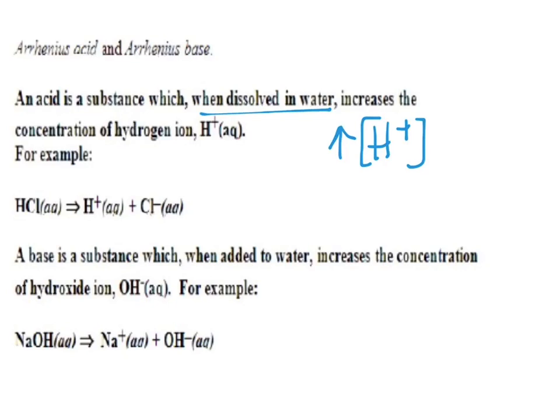So if we have HCl and we put it into water, it'll break up into H plus and Cl minus ions. Whereas a base will increase its hydroxide concentration when we add it to water.